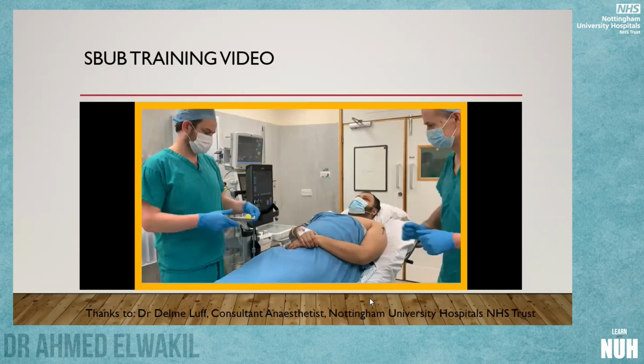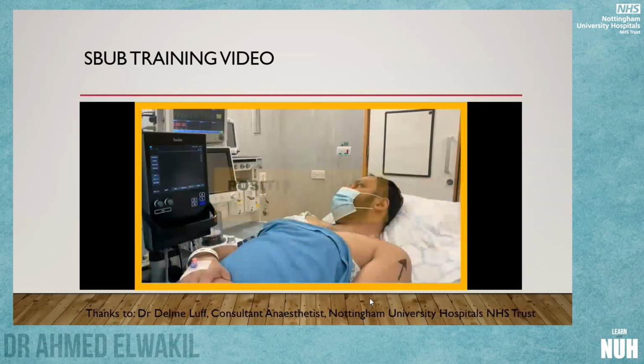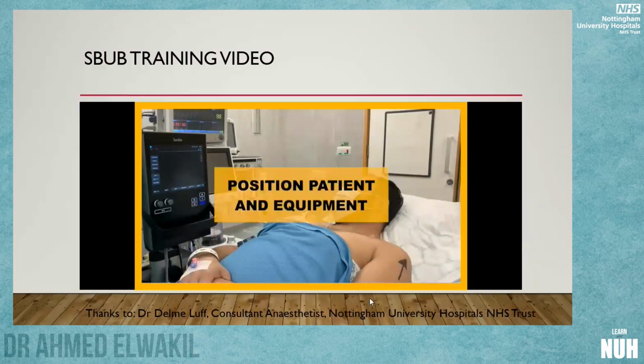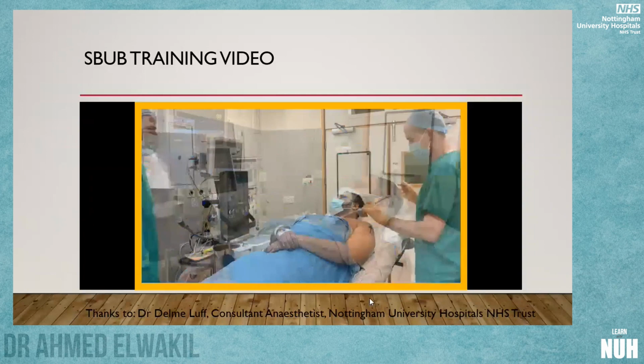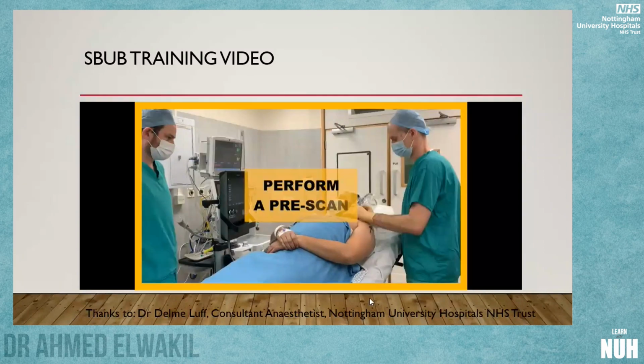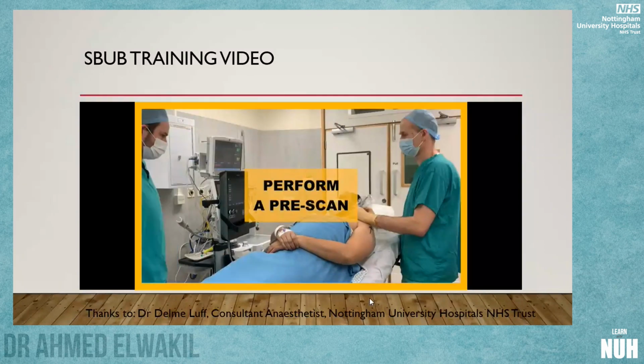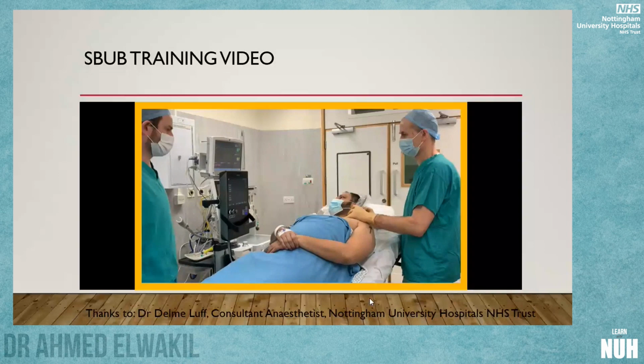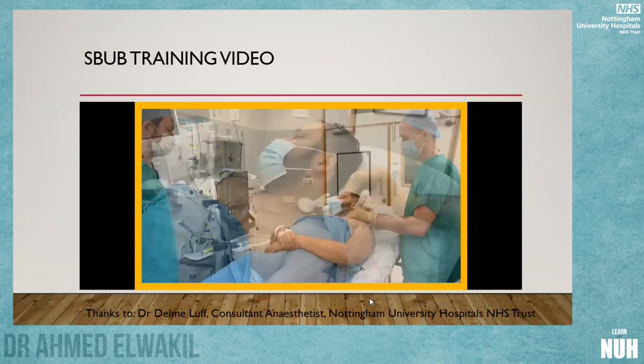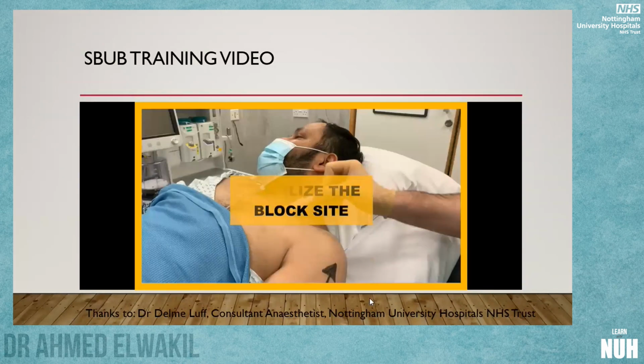The blocker and the assistant should now position the patient and the equipment in the final position ready for the block. Where necessary for conduct of the block, any dressings or plaster casts should be removed. A pre-scan ultrasound might be undertaken at this stage. The blocker should now clean and prepare the site ready for the block.